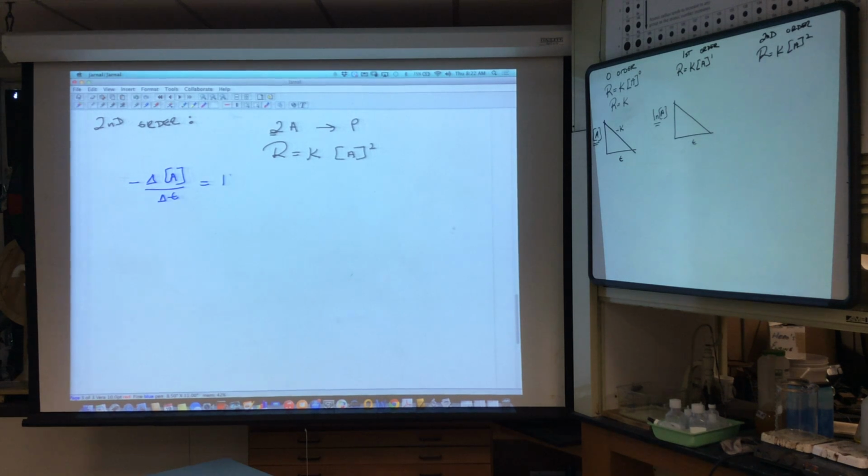It's equal to k[A] squared. My friends in chemistry, this is a differential equation. Let's take the derivative. We get negative d[A] over dt equals k[A] squared.